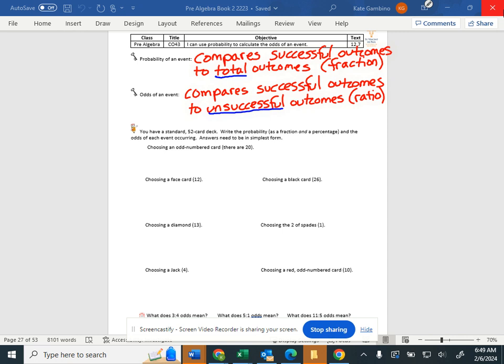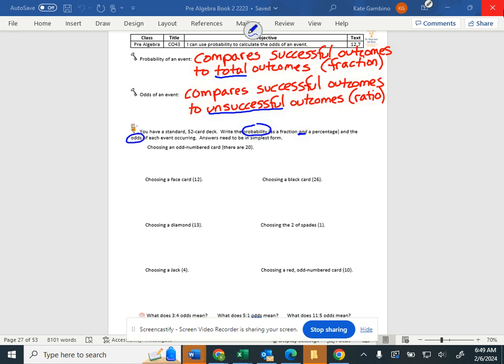Let's look at what this means. If we have a standard 52 card deck, we want to write the probability as a fraction and a percentage. So make sure you're doing all the direction. And we're going to do the odds of each event occurring. So we're going to do the probability and the odds.